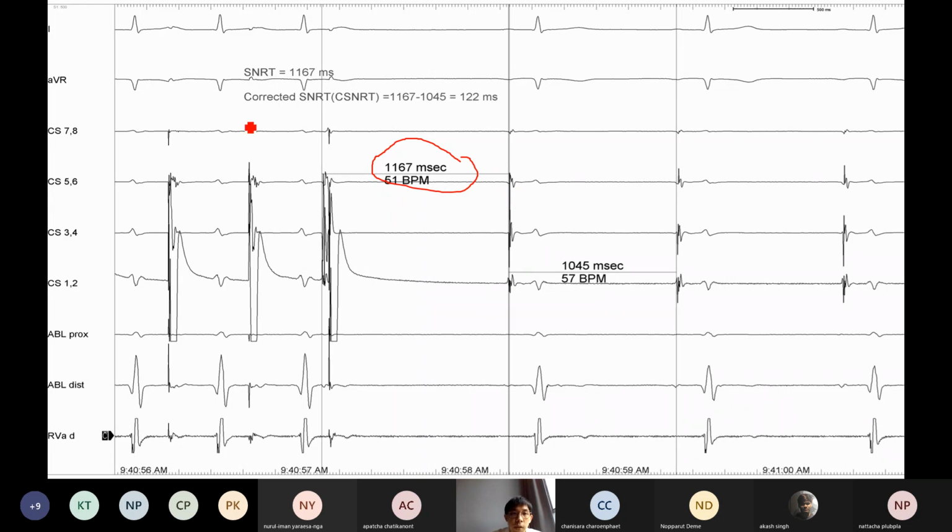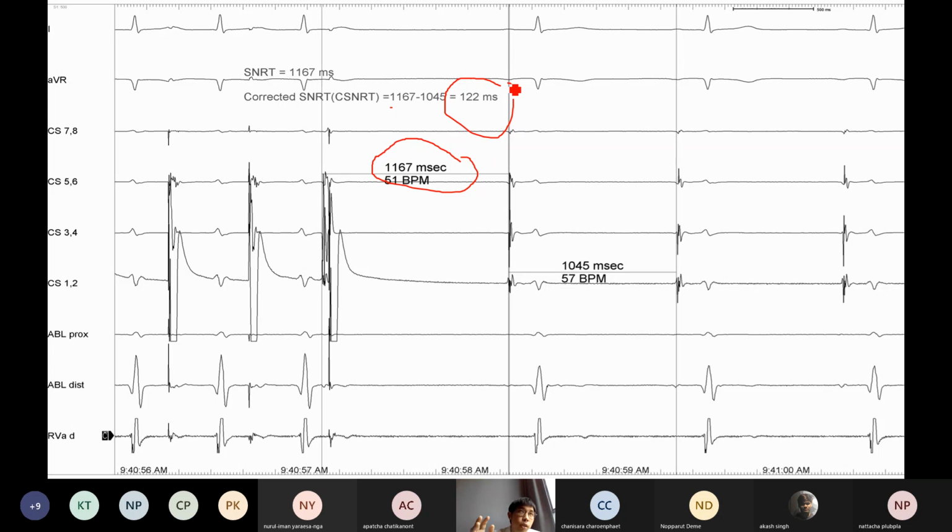You calculate the corrected sinus node recovery time by subtracting the normal sinus cycle length of 1045, and you have 122 milliseconds of corrected sinus node recovery time.